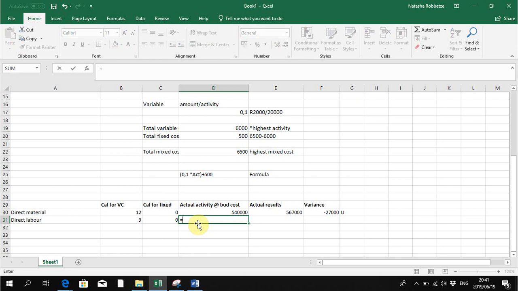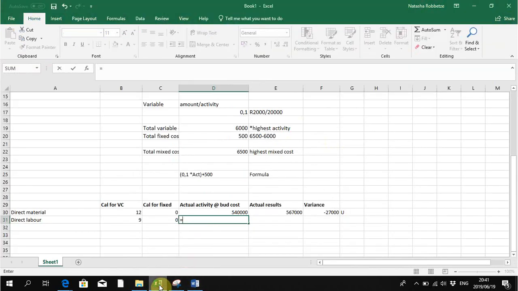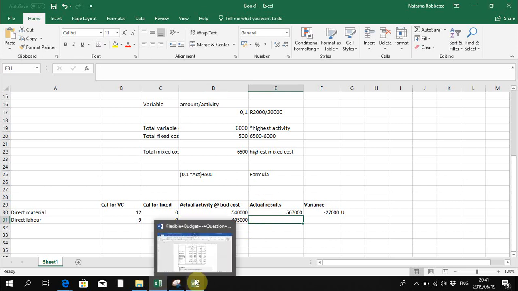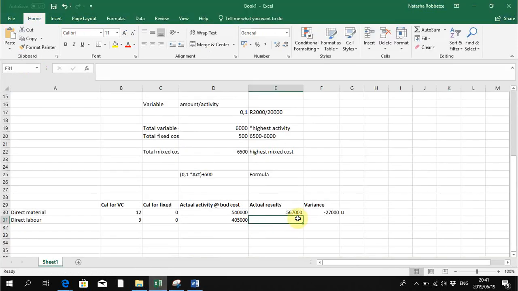Then for the actual activity, the actual activity was 45,000 units. Times that by the 9 Rand, and I get 405. The actual results I must go and look up. I cannot calculate them. I must go and see what the actual results were. It's 420, so 420,000. Again, I need to ask myself, this is labor.